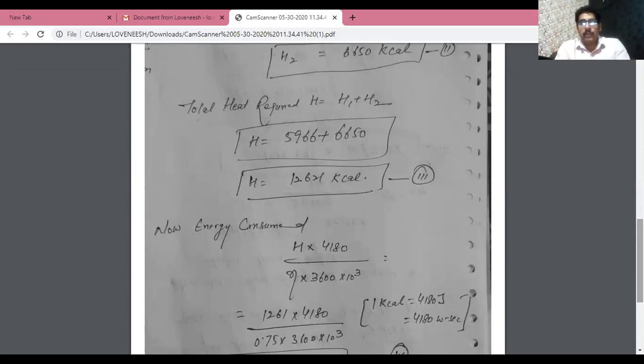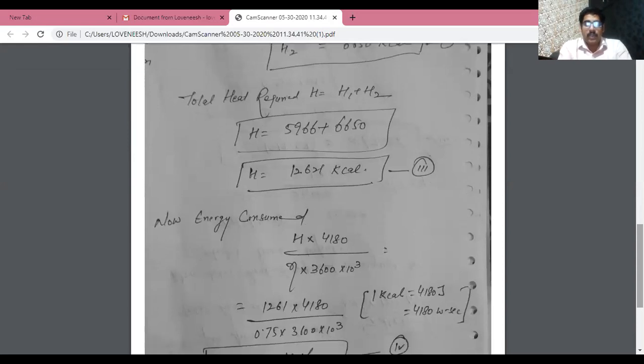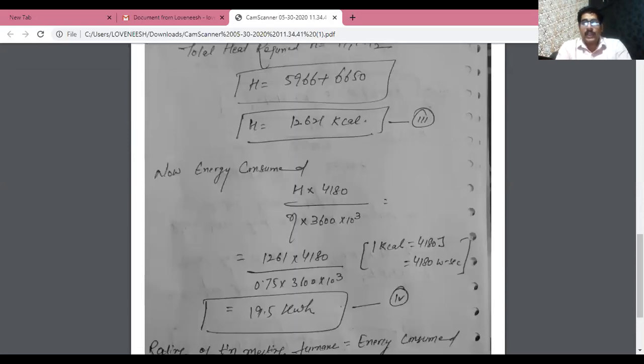Now, the energy consumed is given by the total heat multiplied by 4180, which comes from 1 calorie equals 4.18 joules, into efficiency upon 3600 into 10 raised to power 3. When I substitute these values in the result, your total energy consumed is 19.5 kWh.